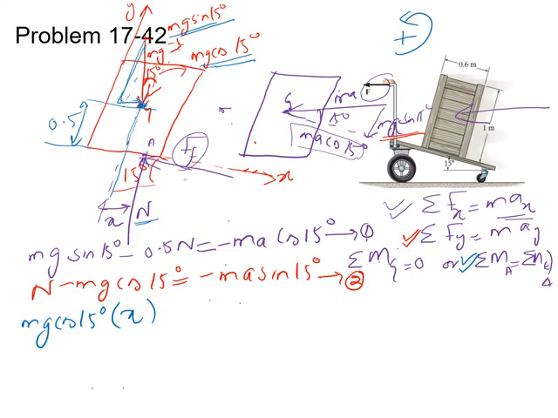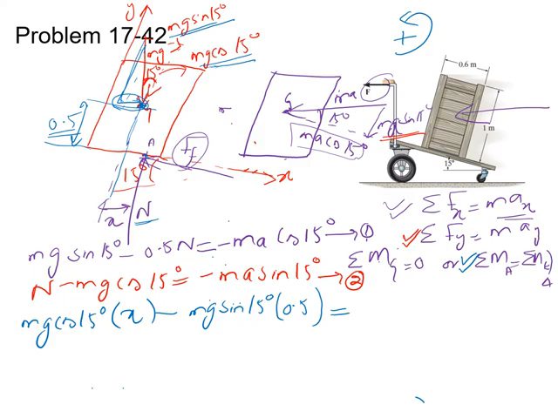If we split the components into a rectangle, the perpendicular distance from mg sin 15 degrees to point A is 0.5. It creates a clockwise moment, so it is equal to minus mg sin 15 degrees times 0.5. This is the sum of the moments about point A, and it has to be equal to the sum of the kinetic moments about point A.